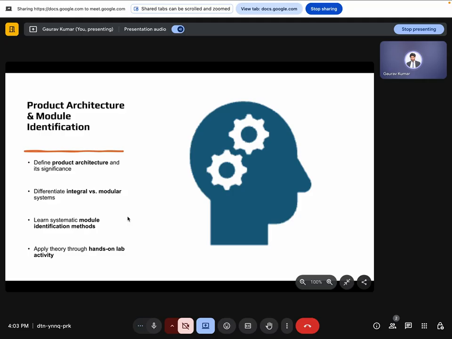So basically what I'm trying to do here is to provide you the summary of the whole week of the course Functional and Conceptual Design by Professor T. Ashokan, IIT Madras.